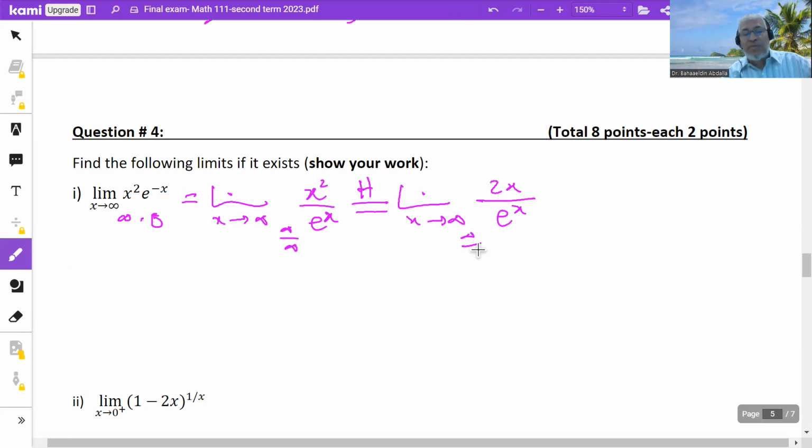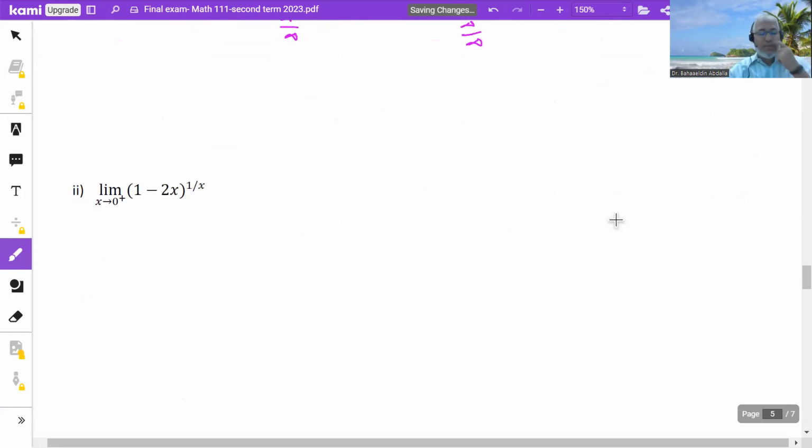And now replacing x by infinity, I still have infinity over infinity, so I use L'Hopital rules again. Derivative of 2x is 2, derivative of e to the x is e to the x. And now e to the power infinity is infinity, and 2 over infinity is 0. So the limit is 0.